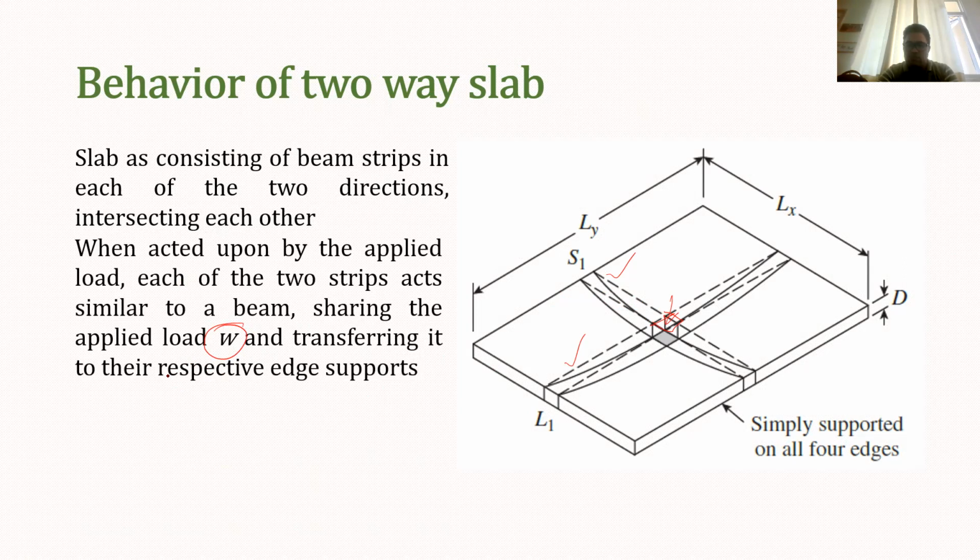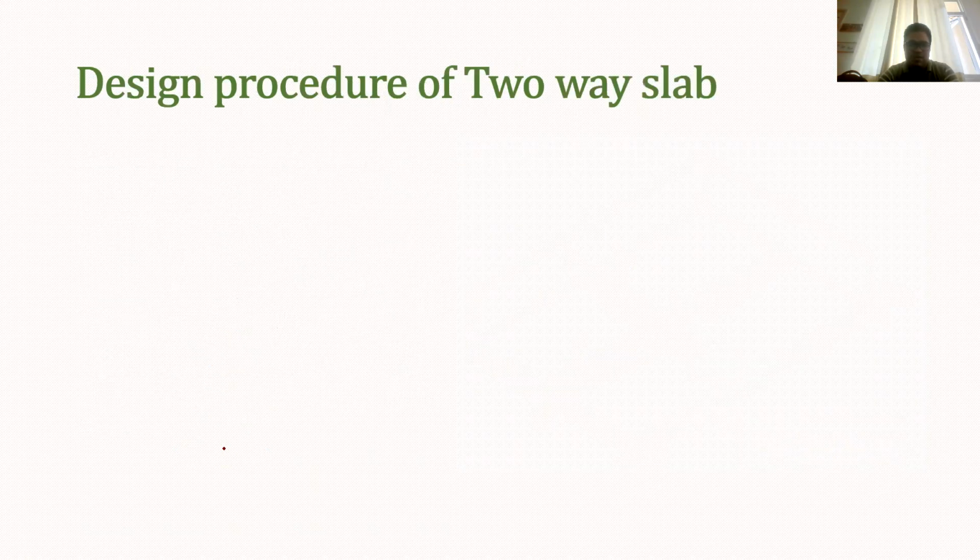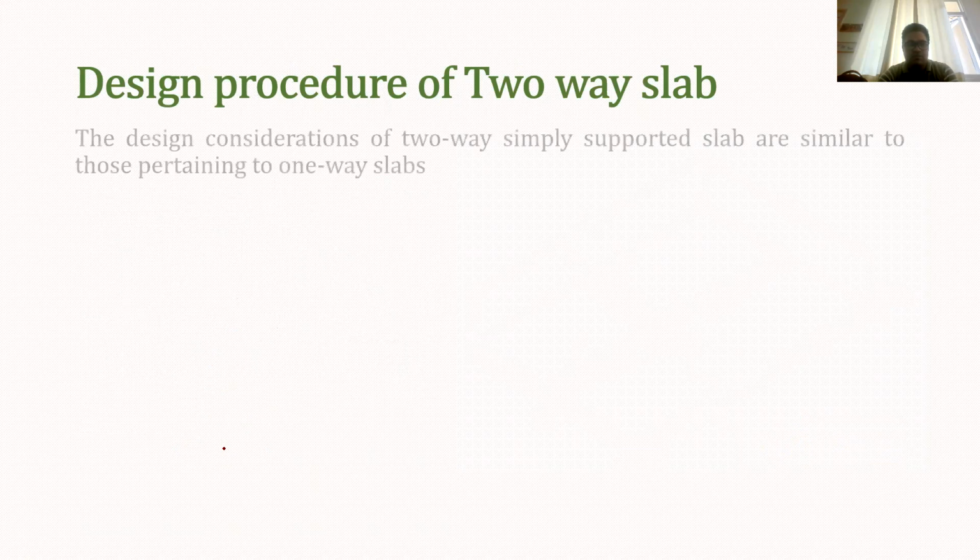This W we will calculate in the design example, and therefore bending exists in both directions. That is the only difference between one-way and two-way slab: bending occurs in two directions. In one-way, bending occurs along one direction only.